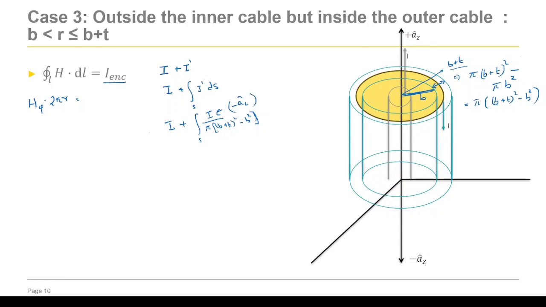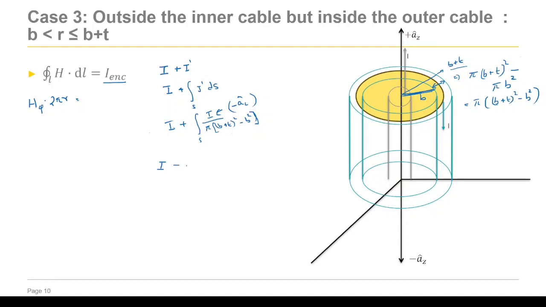So getting all these facts into place, the right hand side is going to take a value of I. Now since the direction is minus a_z, I can as well assume it to be minus I in the plus a_z direction.